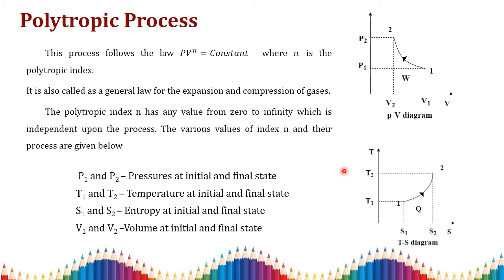This n value can vary from 0 to infinity. It attains 0, 1, 1.1, 1.2 up to infinity. The n value varies. That is why it is called the base process of expansion and compression of gases: it is a general law for the expansion and compression of the gases.